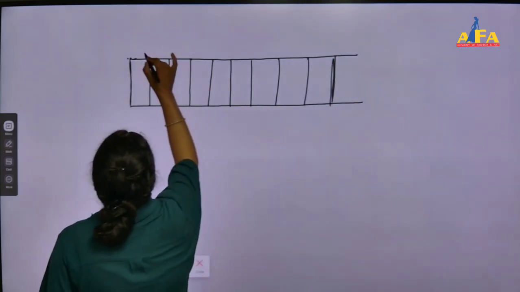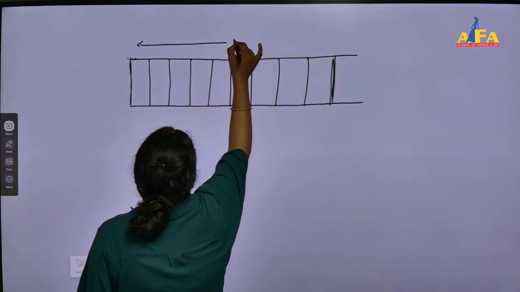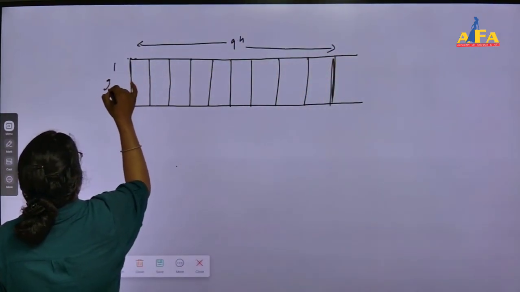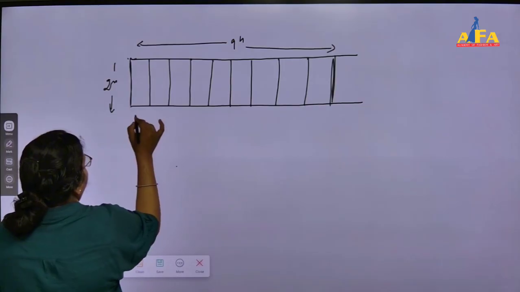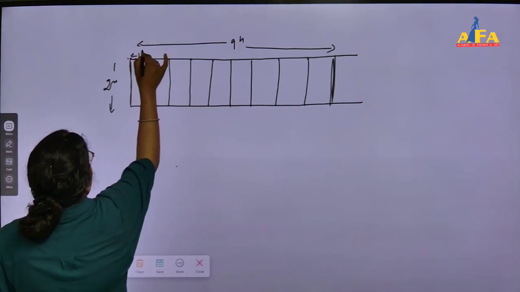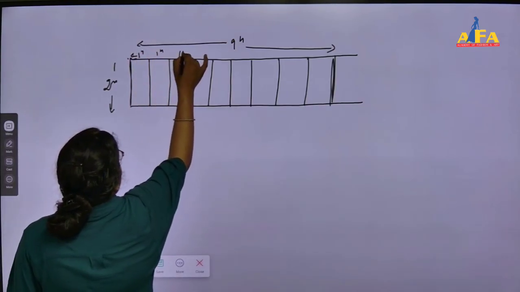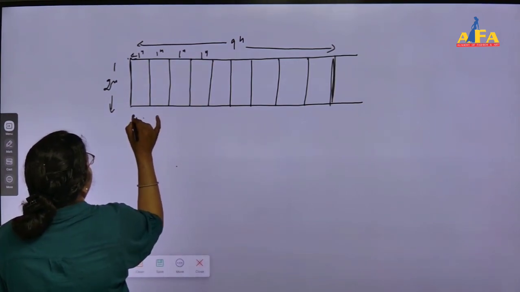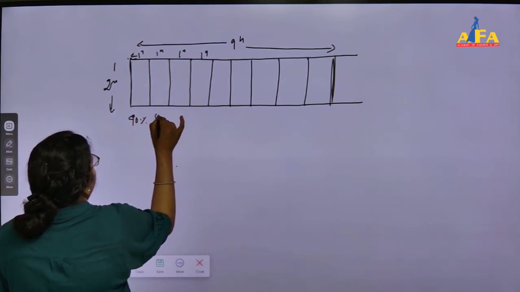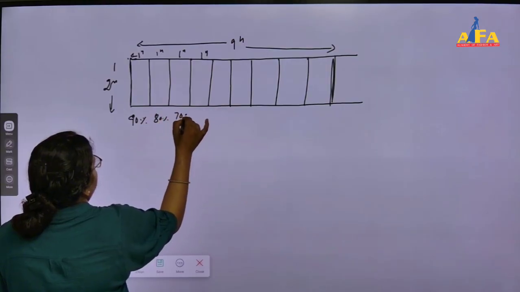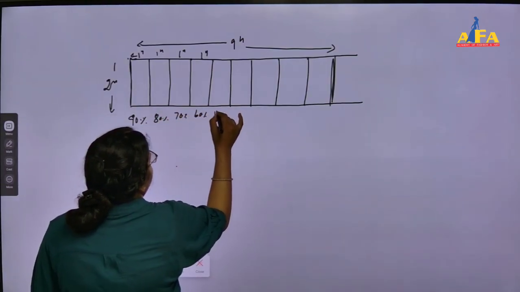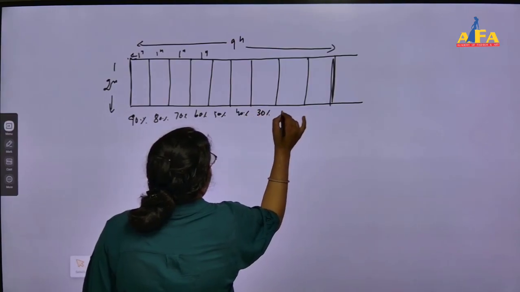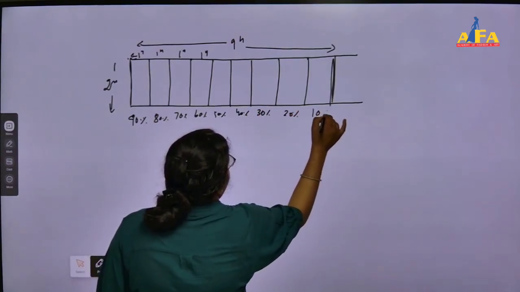Try making each box 2 inches, with a gap of 1 inch each. We will try to add 90% value, then 80, 70, 60, 50, 40, 30, 20 and 10.